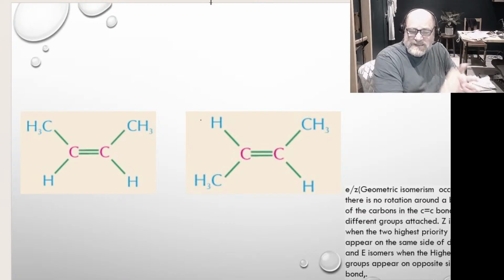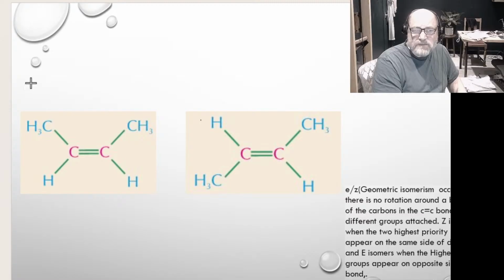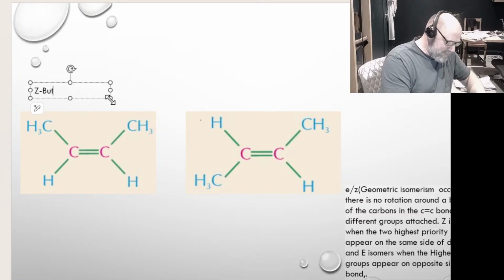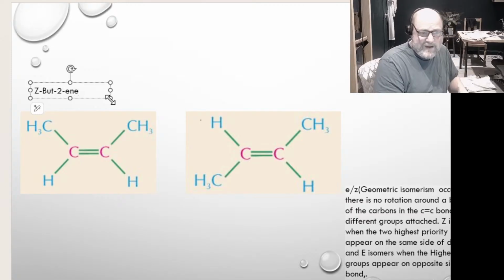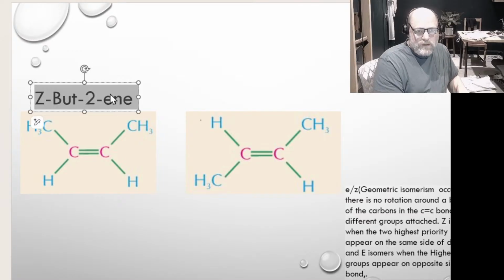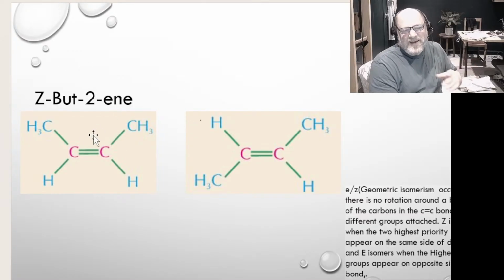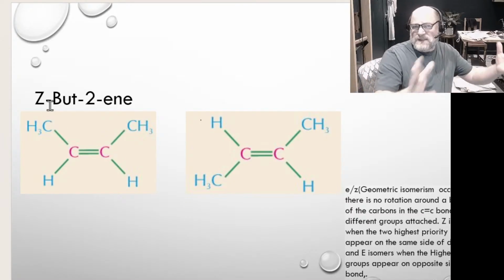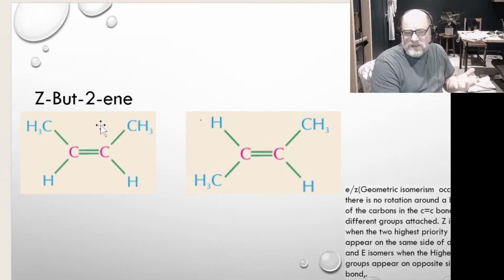Cis is like sisters, so this would be cis but-2-ene, but we're going to call it Z-but-2-ene. Z-but-2-ene tells me that the double bond, obviously the most important thing here, is on the second carbon, giving it the lowest numbering. Z stands for Zusammen, which means together, so they're on the same side of the double bond.